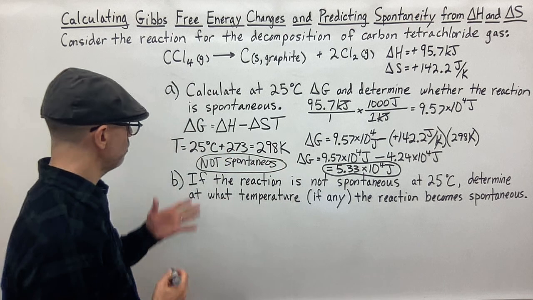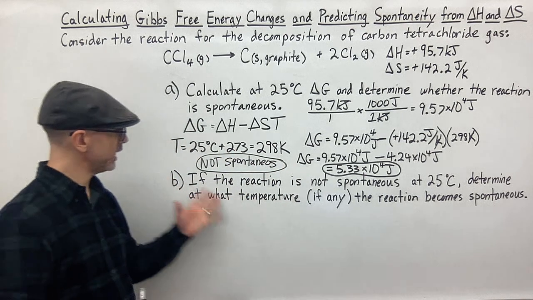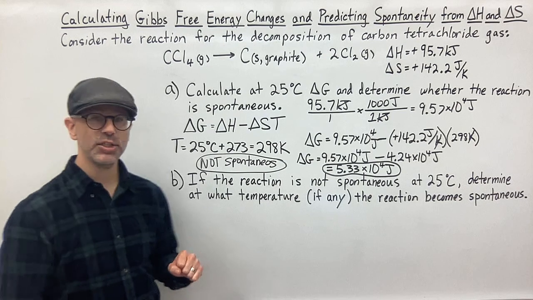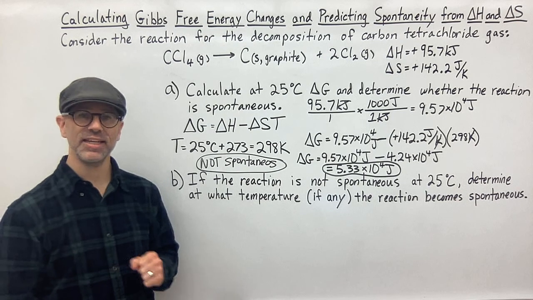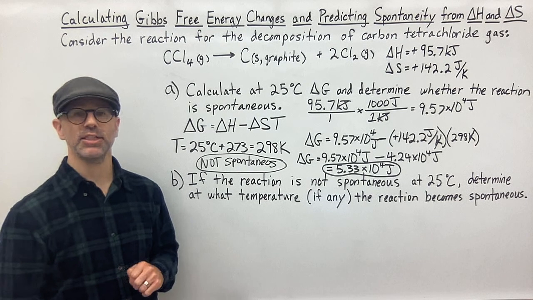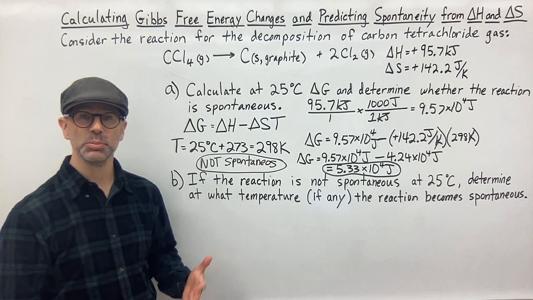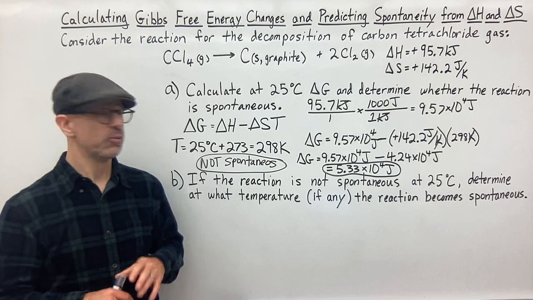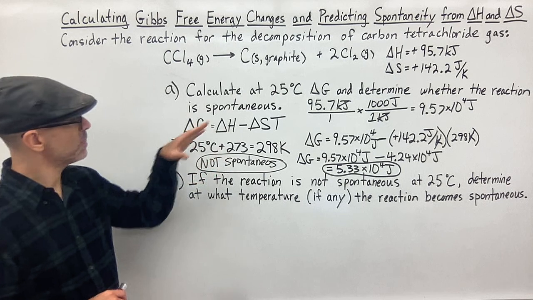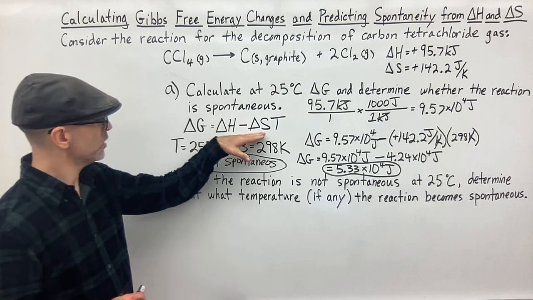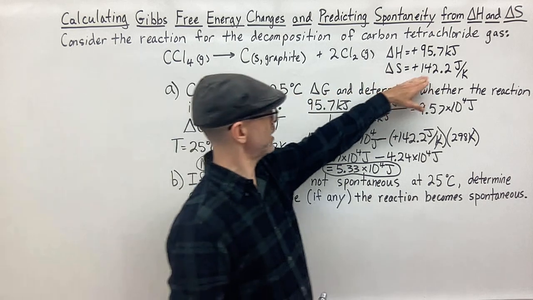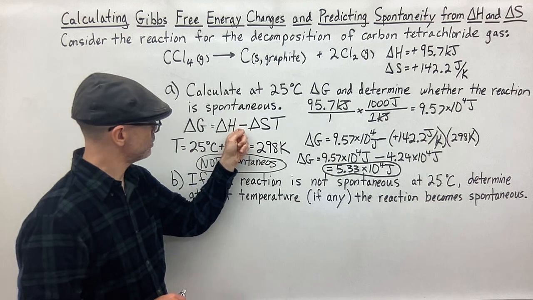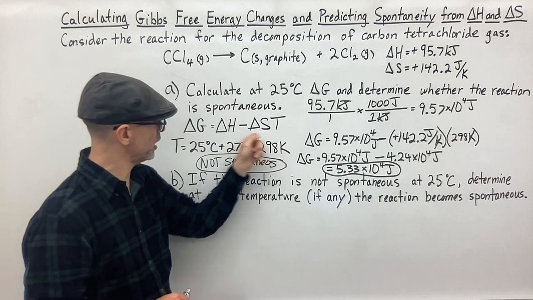Okay, so going on to B, if the reaction is not spontaneous at 25 degrees, determine what temperature, if any, is this reaction spontaneous? When does it become spontaneous? In order to answer that question, if we look at our equation here, delta S is positive, and we know that this is subtracting this positive from here.